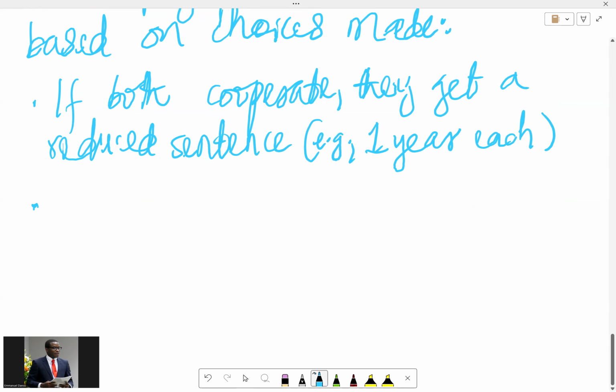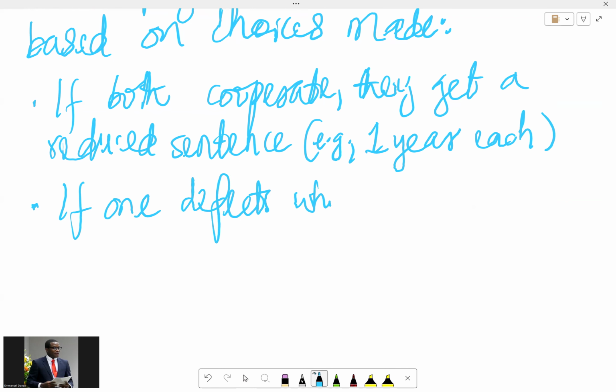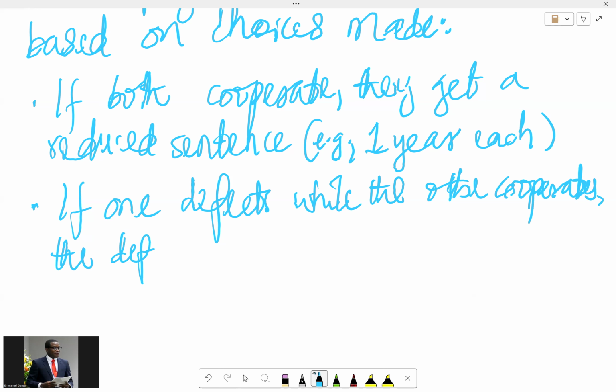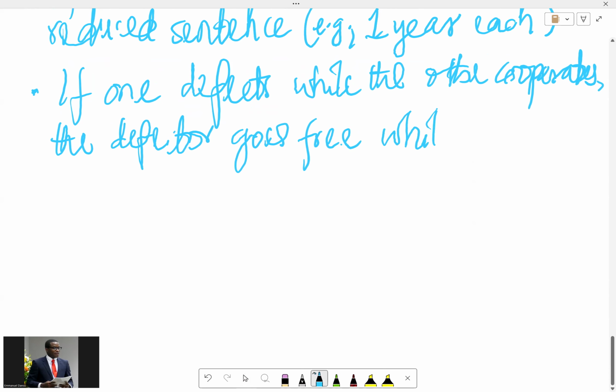If one defects while the other cooperates, the defector goes free while the cooperator gets a harsher sentence.